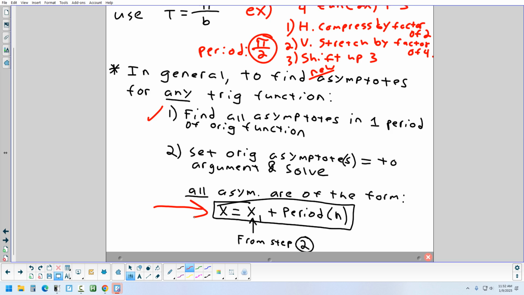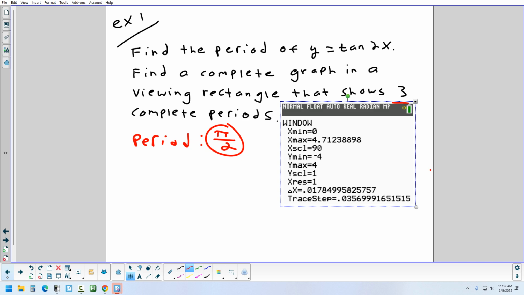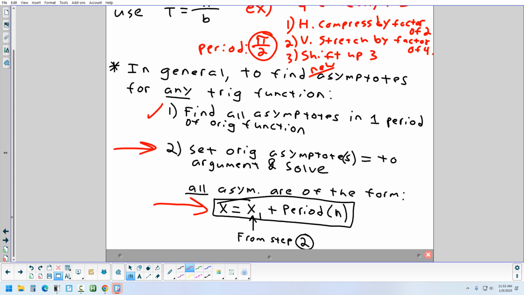But we can write something that represents all of them. And that's how you do it. So all the numbers in that black box, the x1 and x2s, are figured out in that step right there. Step 2.